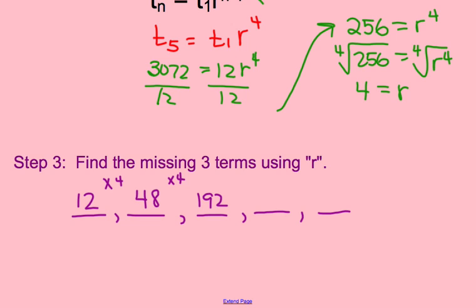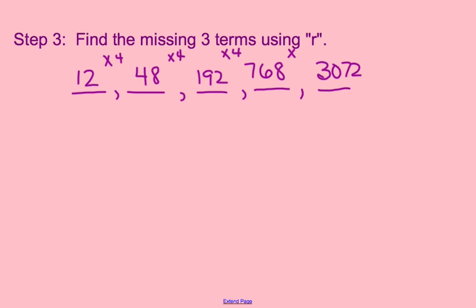Multiply by 4 again, and we get 768. Now let's just check. Multiply it by 4 again. You should get 3072. So our 3 missing terms for our geometric sequence are 48, 192, and 768.